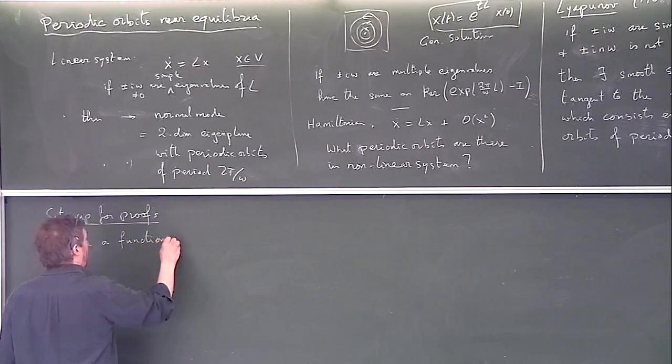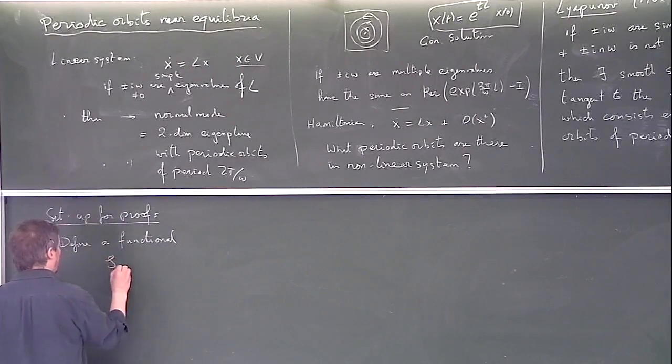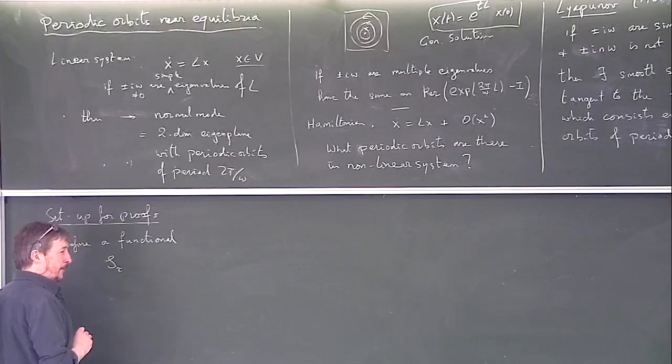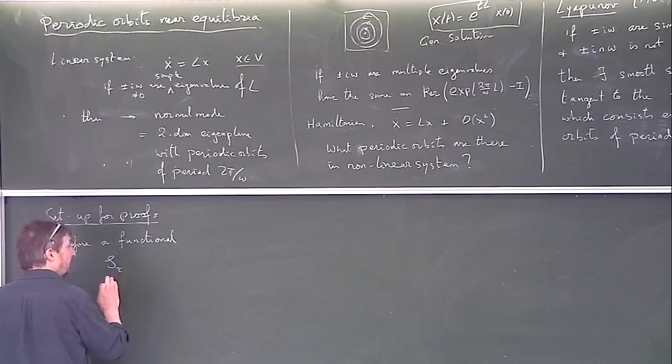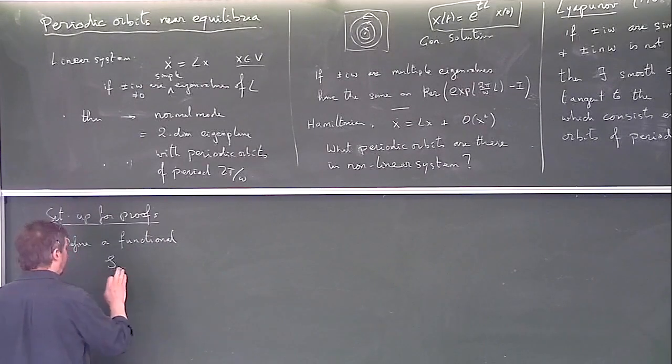This is a variational problem. So we're going to define a functional called S, parameterized by a parameter I want to call tau.